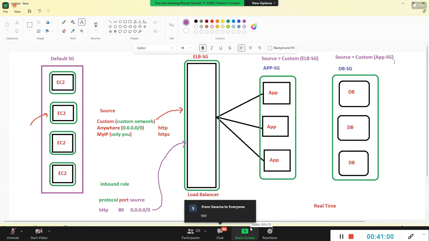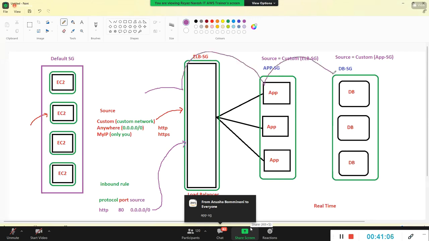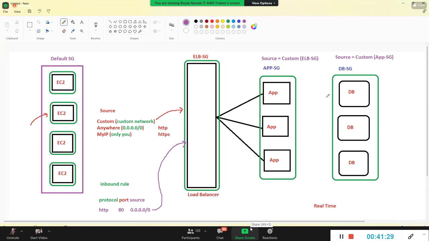So if you do security like this, guys, all the traffic will hit it, and it cannot jump from here to here and hit it directly, because all traffic should come definitely from this only. There is no other way the traffic will come directly to this. So this is the actual real-time secure architecture that we will be using in real time.